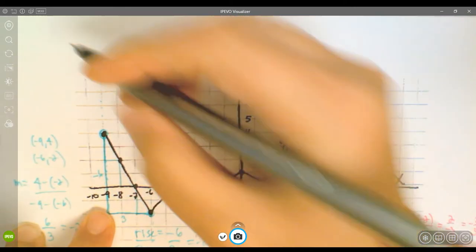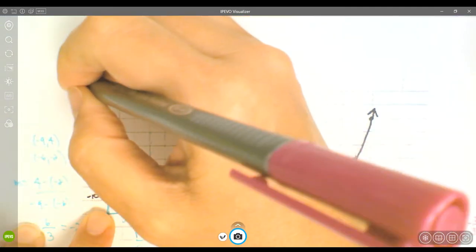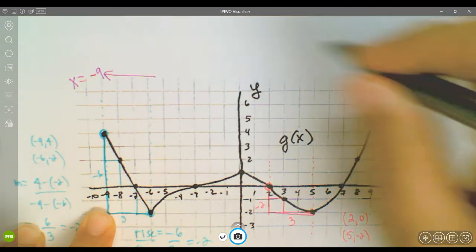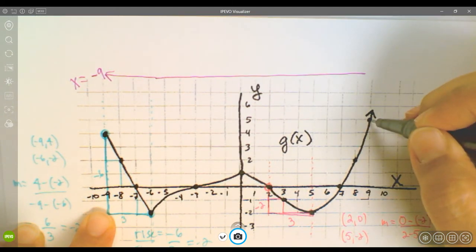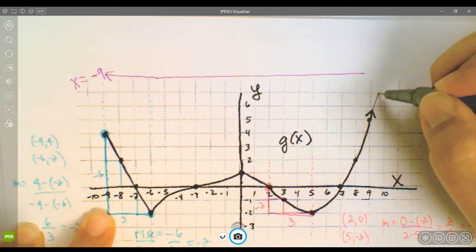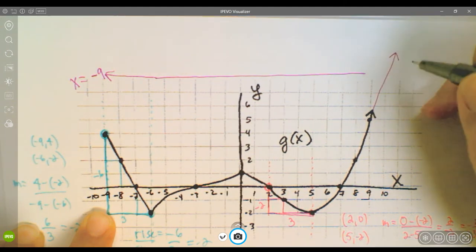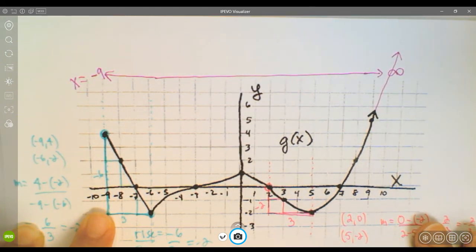Well, it goes as far as -9. How far to the right does this thing go? Well, it looks like it's going to stop here. But see that arrow? That arrow says even though I'm going up, I'm still going to the right. So it looks like we're going to go to infinity.